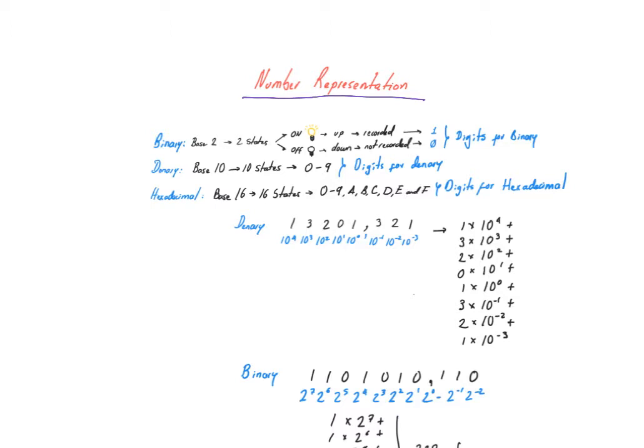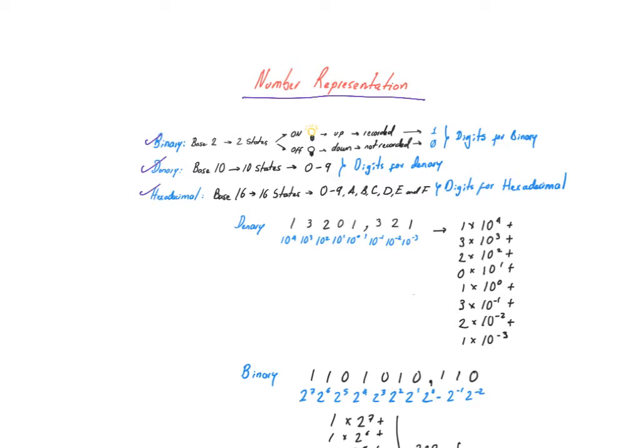So there are many different numeric systems that we use. We have the binary, the denary, and hexadecimal. Those are the three numeric systems that we use the most in computing.